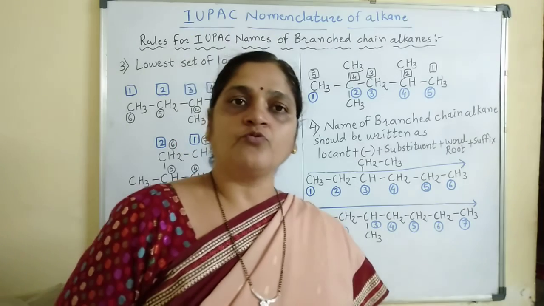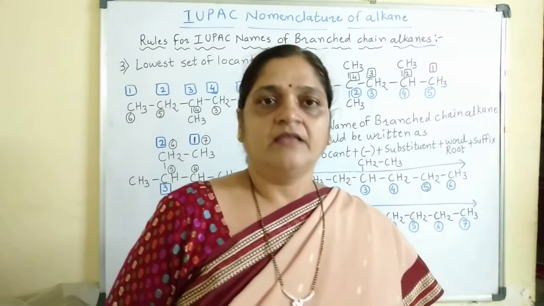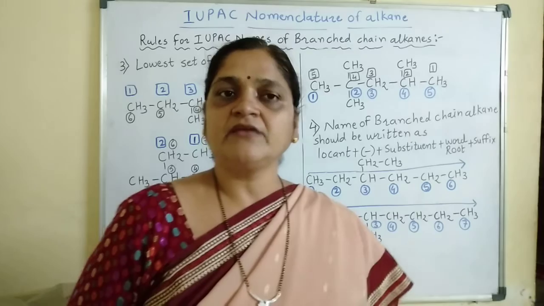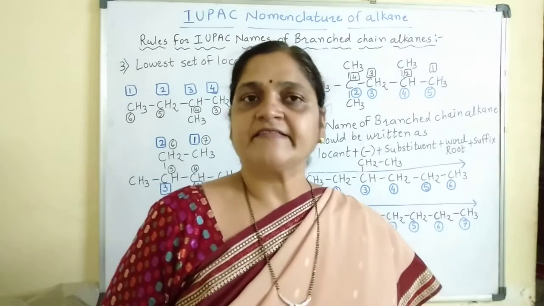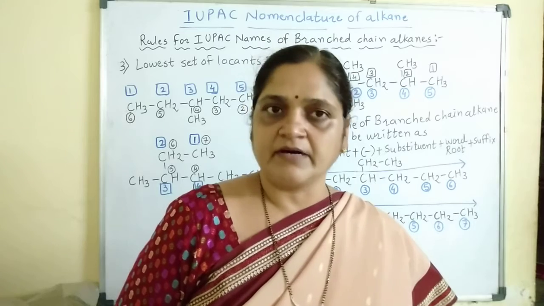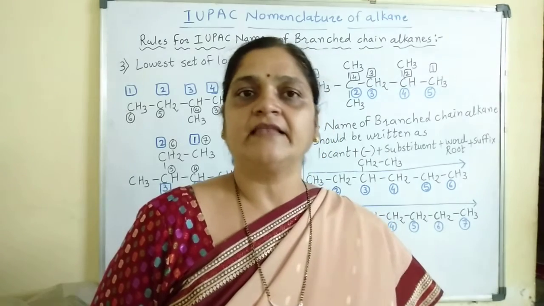Now if two or more substituents are present in the carbon chain, always keep in mind that the numbering should be done in such a way that the carbon carrying substituent gets the lowest possible numbers, which we are going to mention while writing the name.